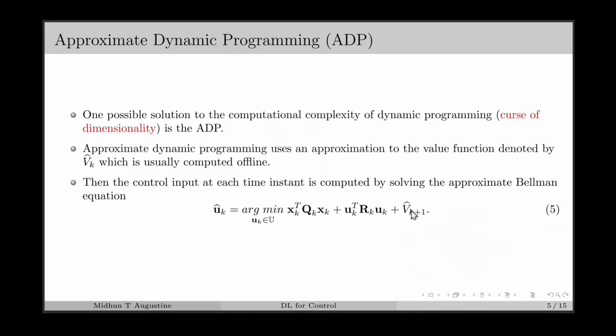Here, instead of Vk plus 1 star, we will be using Vk plus 1 hat, which is an approximation. And by minimizing this cost function, we are always able to find the optimal control input. This is the central idea of approximate dynamic programming or ADP. And there are different ways of approximating this value function.